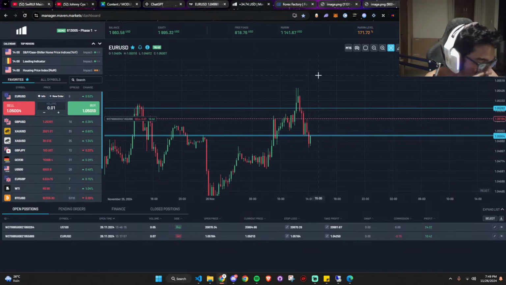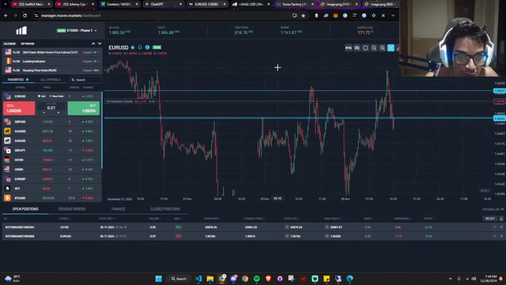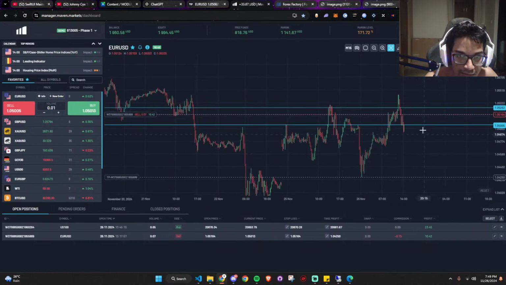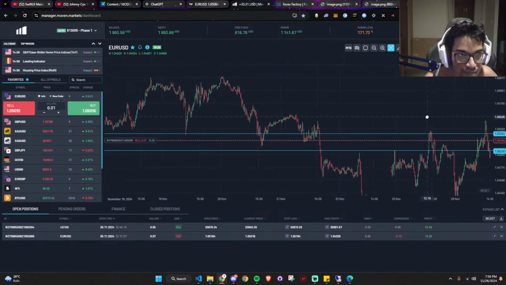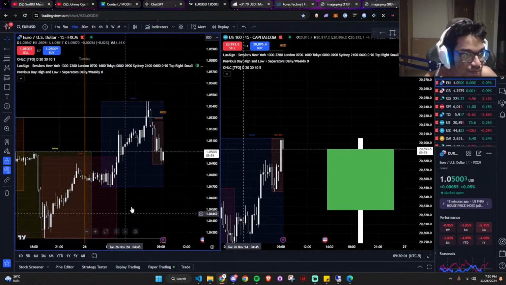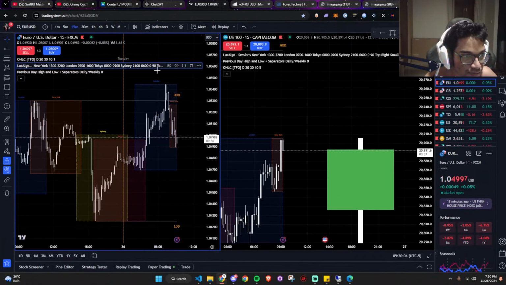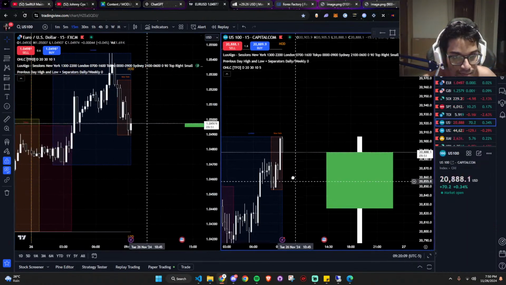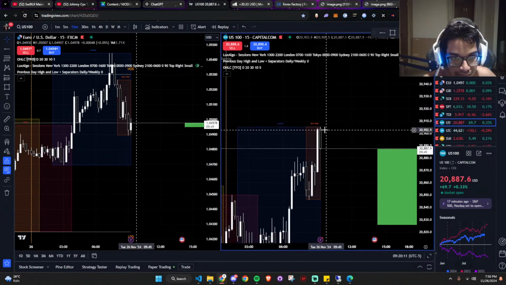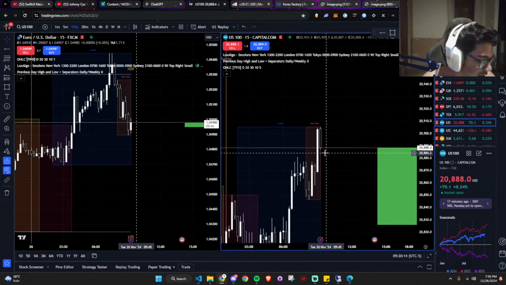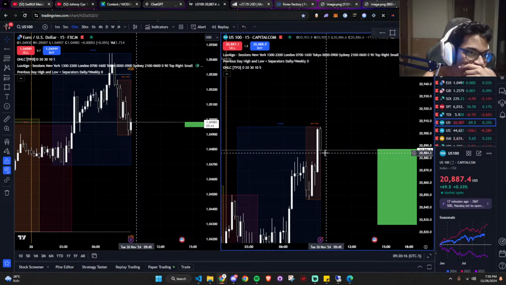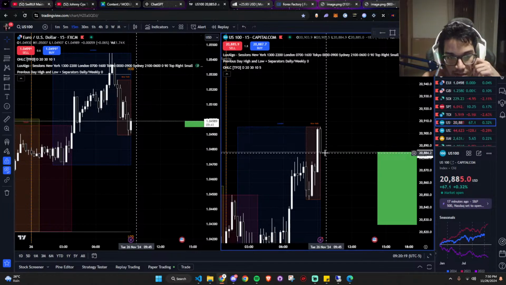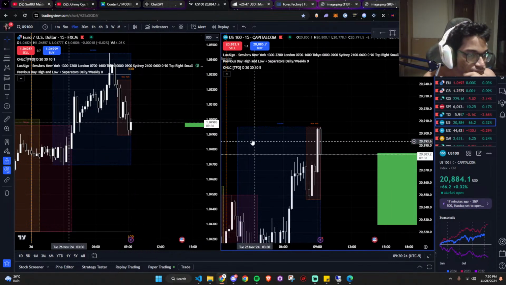Because the overall market structure is bullish, but I'm expecting price to push to discount as much as possible. High was swept, but the low was not swept. So it's two reasons. It's just creating one little fair value gap here. It's okay, both of them are break even, so let's hope. Let's see.